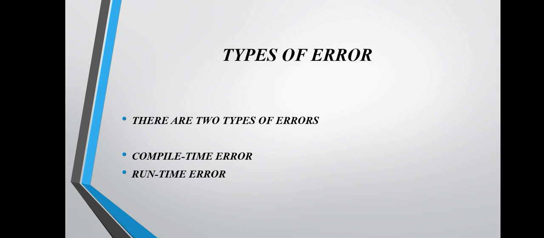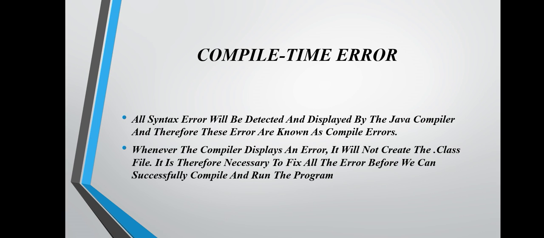The errors have been divided into two different types. They are compile time errors and runtime errors. Compile time errors: all syntax errors will be detected and displayed by the Java compiler, and these errors are known as compile time errors.